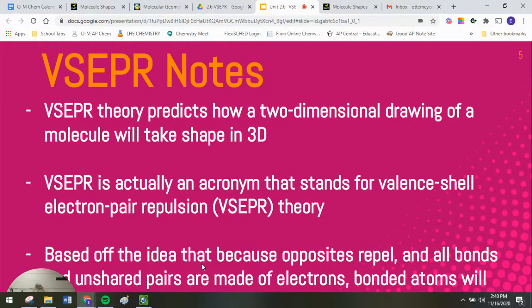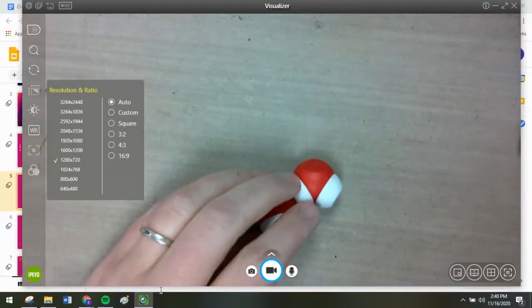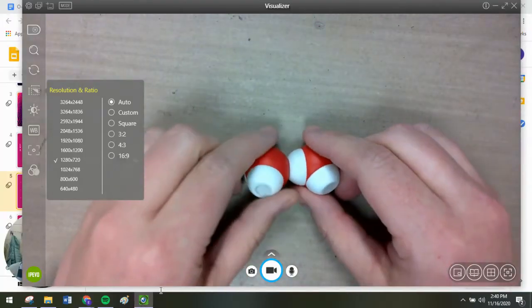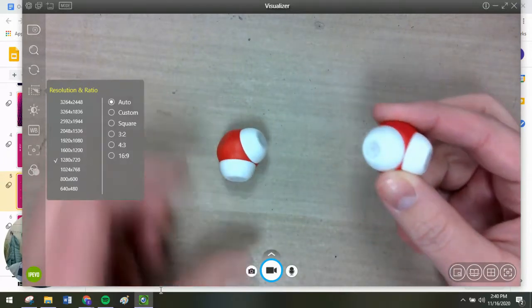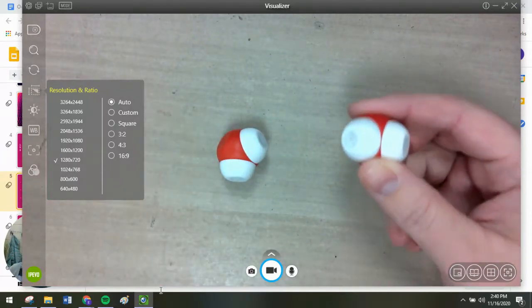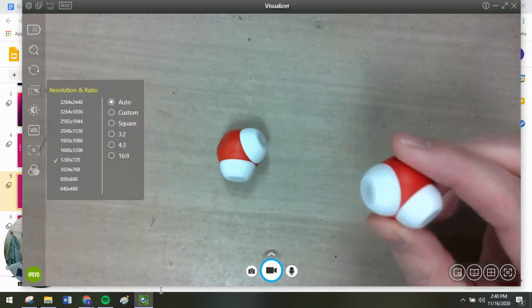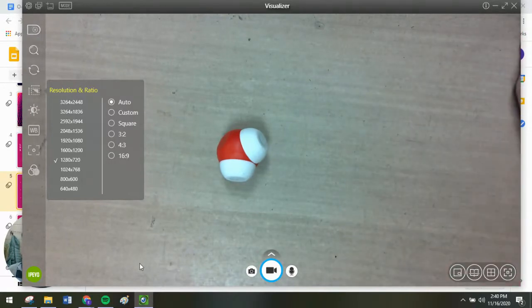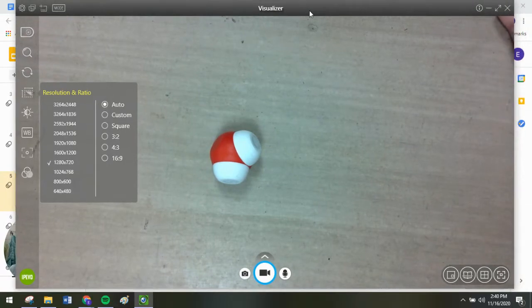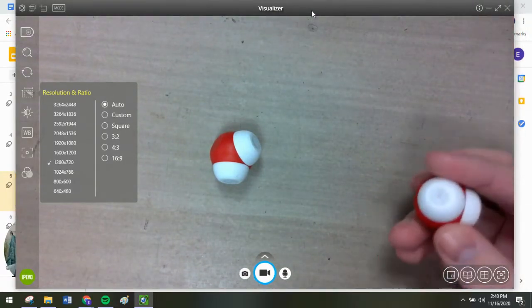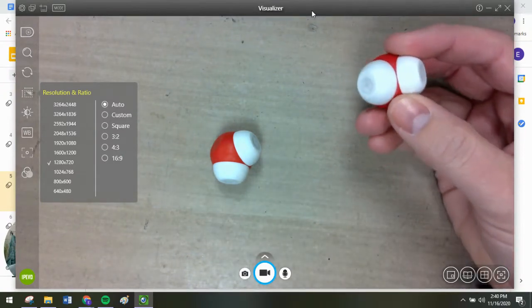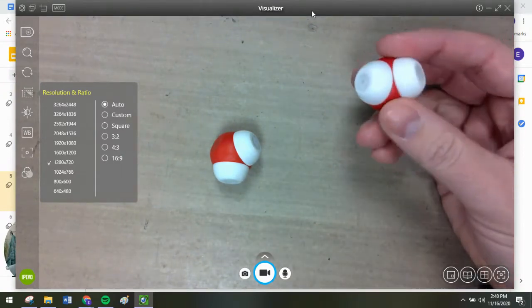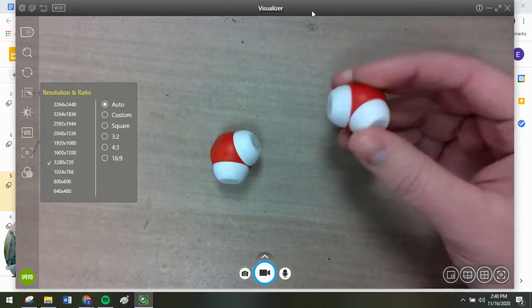I want to show you something. So I'm going to pull up my doc cam, and then we're going to take a look at it. What I have here are two water molecules, and they're actually magnetic molecules. We use them for talking about molecular polarity and all that stuff. So I'm going to show you what happens here. These are magnetized, and the whites have the same kind of charge, and the reds have the same kind of charge.